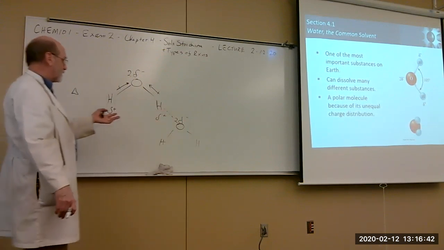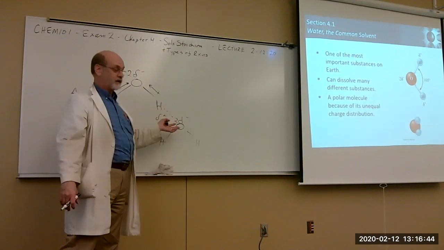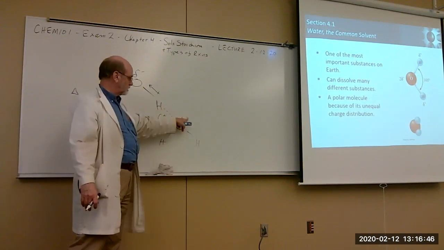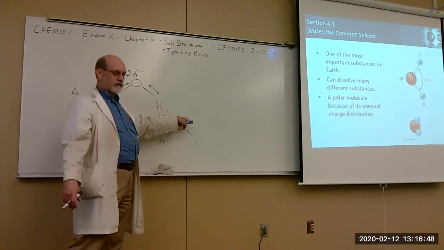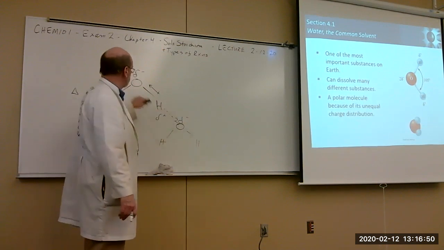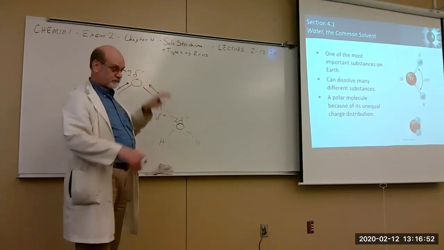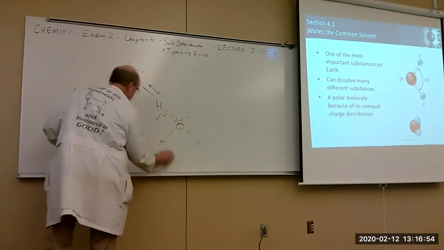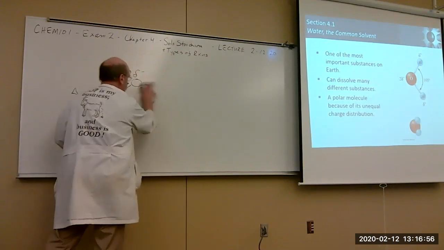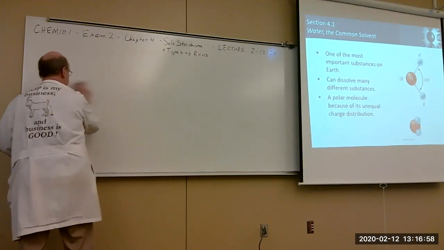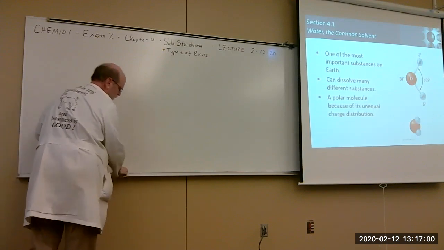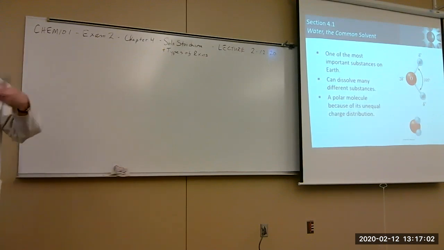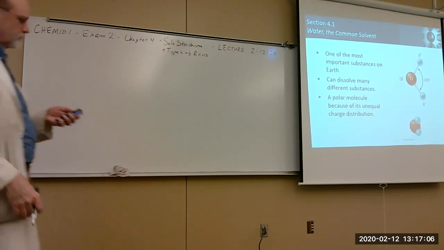But it doesn't have to be. If you put some table salt in there, then you would have chlorine, because chlorine is negative. The chlorine would be associated here, and the sodium would be associated there. So the polarity of water is key to understanding how it, the proper term is solvates, how it solvates the solute.